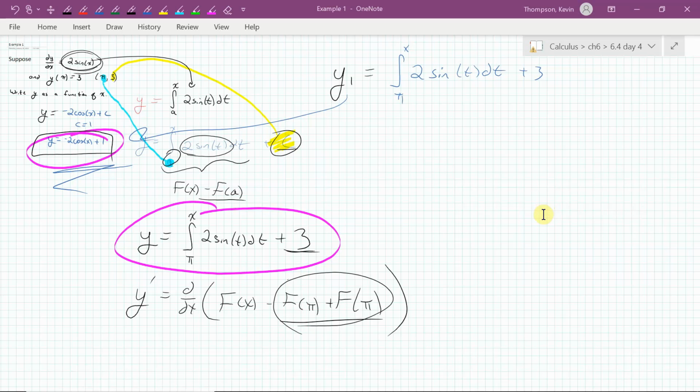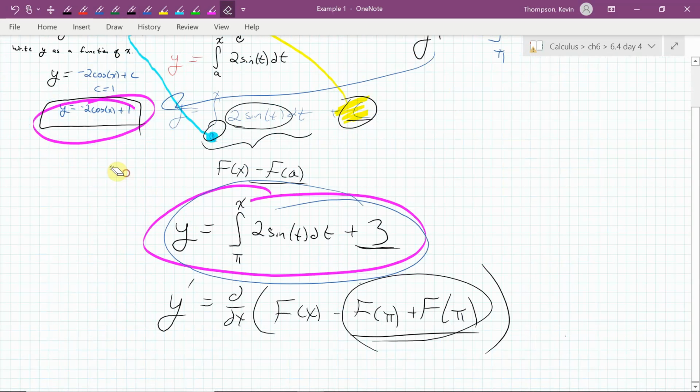So here's the point again. This circled thing is the same as this circled thing. They're just different representations of the function. Now, if you're wondering why this one has a +1 and this one has a +3, don't forget that there's actually another constant involved in what we wrote here, right?